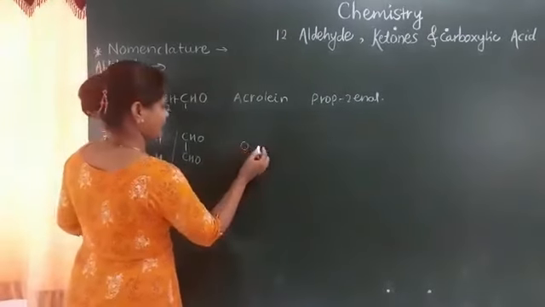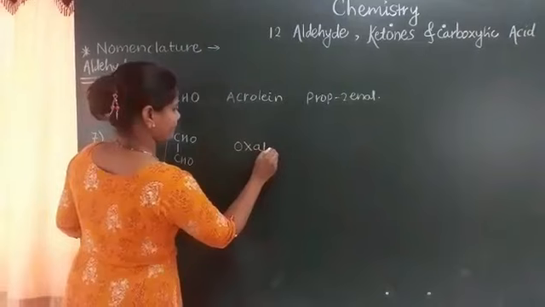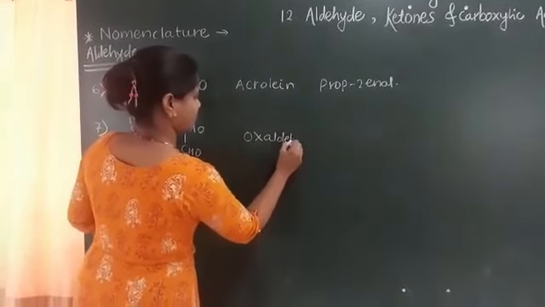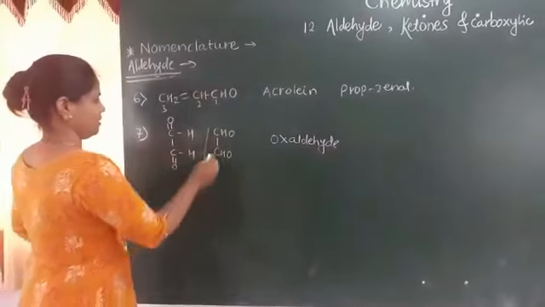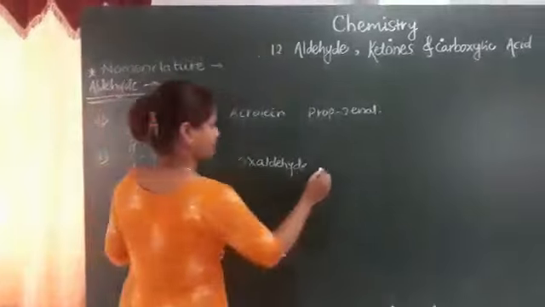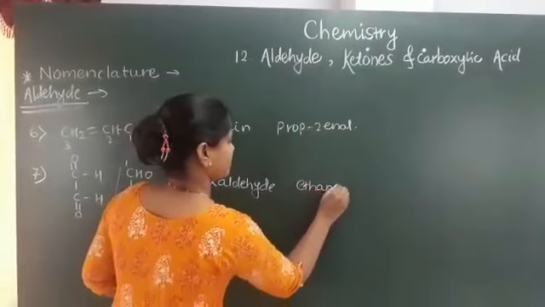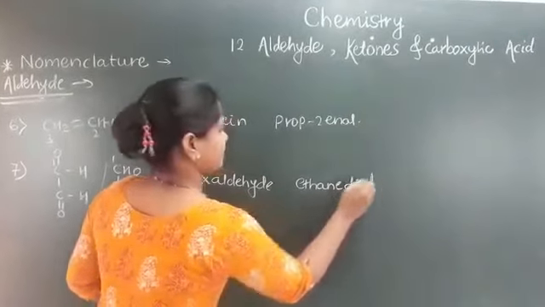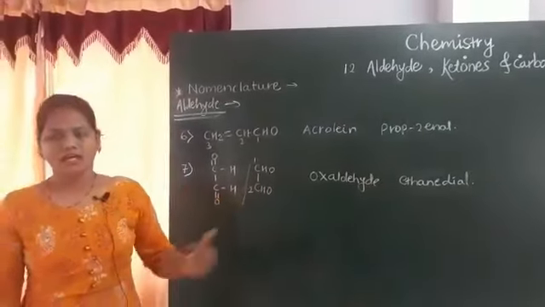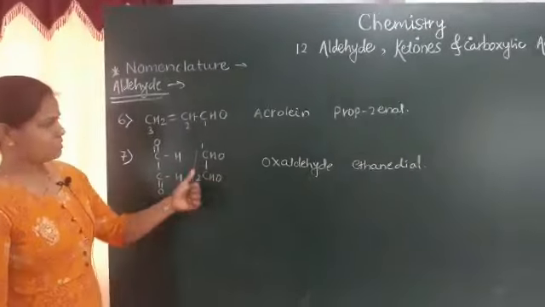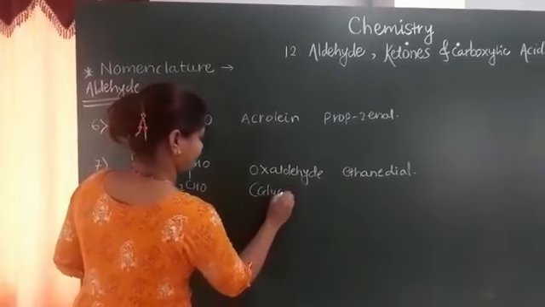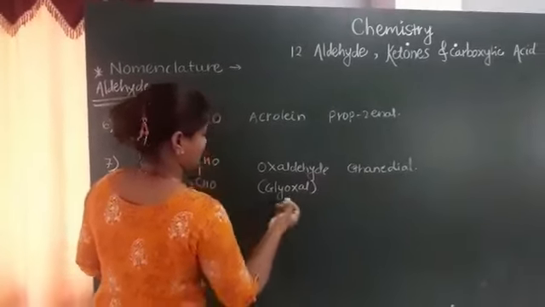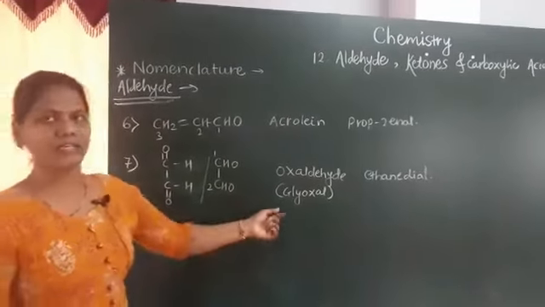This was oxalic acid, and from that we have taken the name: IC acid word is replaced by aldehyde, so oxaldehyde, and the IUPAC name is ethanedial. This oxaldehyde is also called glyoxal. This is one more common name which is commonly used, that is glyoxal.